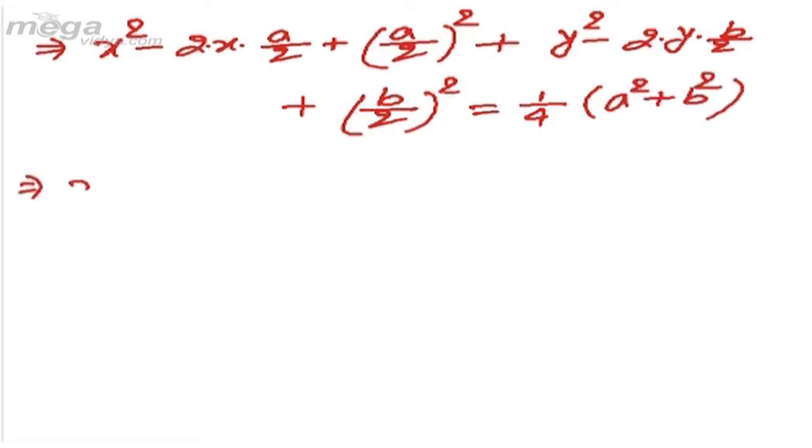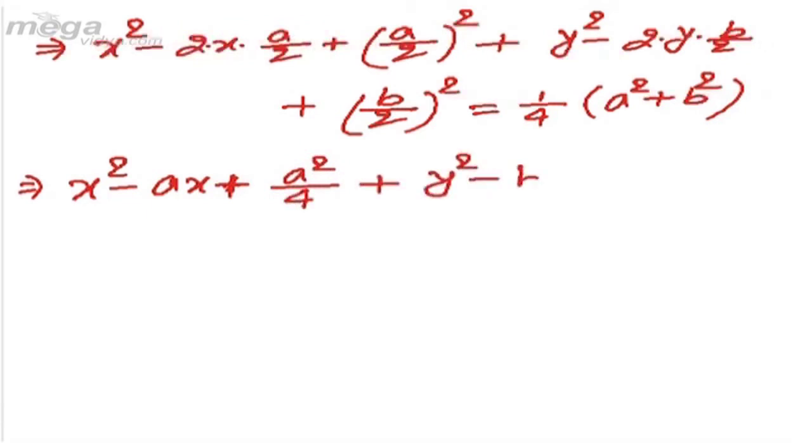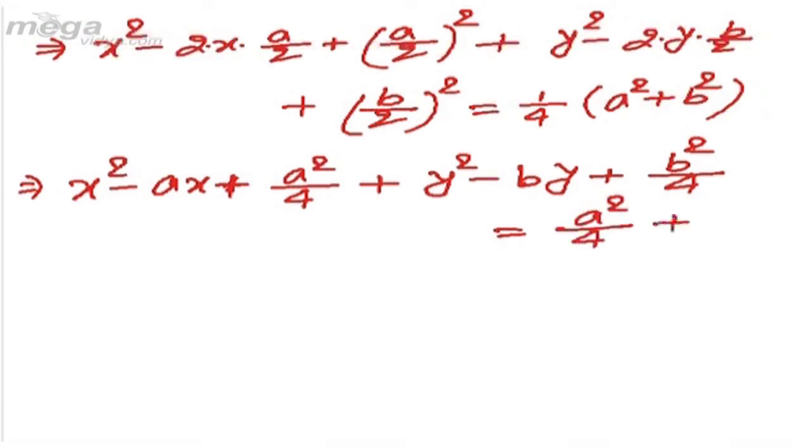Now here you will get x square minus ax plus a square by 4 plus y square minus by plus b square by 4 is equal to, once you open the bracket, a square by 4 plus b square by 4.